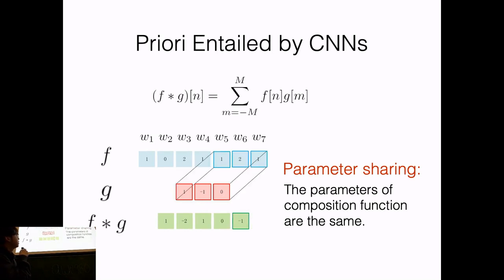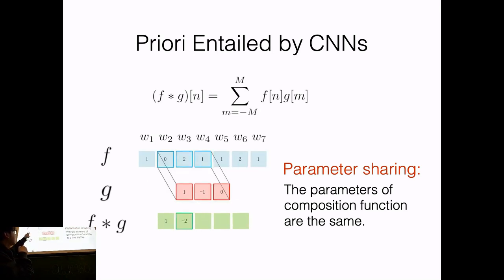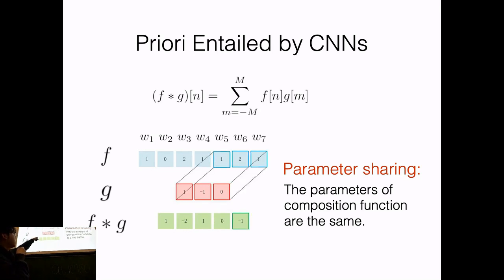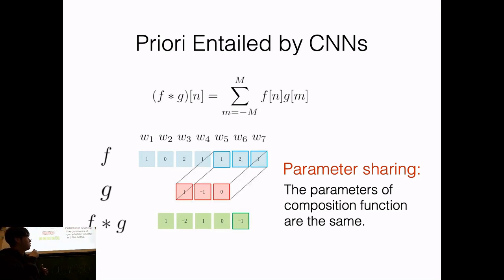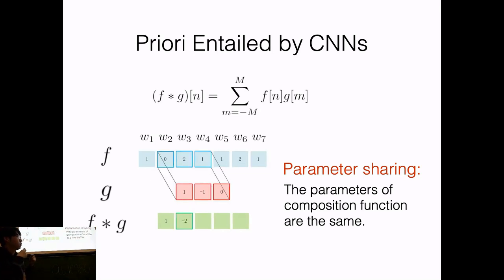So you will find all the subparts of the input vector f just share the same parameters. I mean, share the same filters. So that means if you use the convolutional network as your model, you also make the assumption that the composition of the different words can be learned with the same parameters.